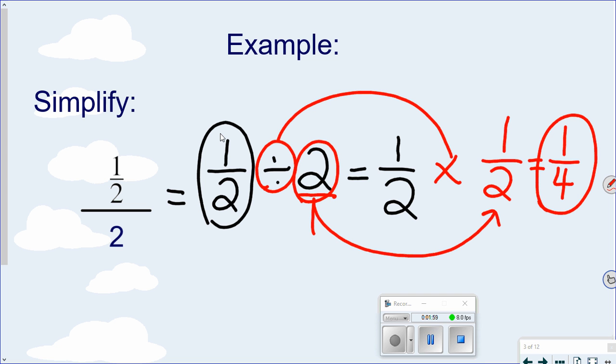So to simplify, 1/2 divided by 2, you get the answer of 1/4. 3 steps. Write it as a division problem, then change the division to multiplication, use the reciprocal, and multiply. Let's try another example.